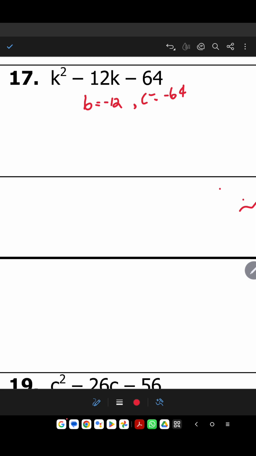Again, let's list the factors of 64, and we're writing them in pairs as I taught you. So we'll have 1 and 64, and 2 and 32.